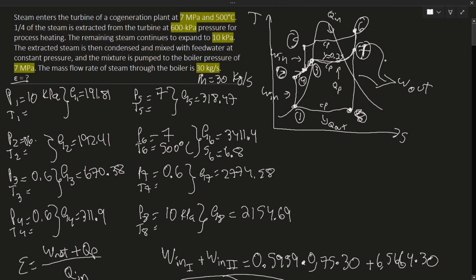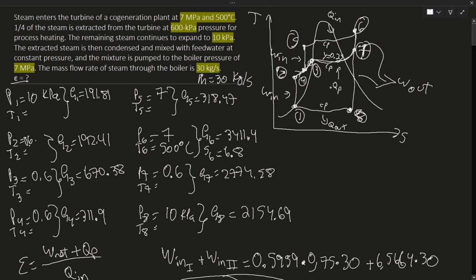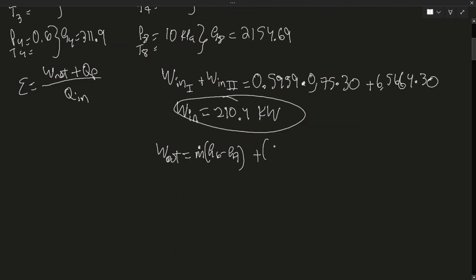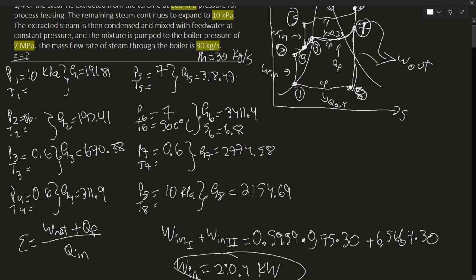All right, next. The work being done by the system is over here, 0.6, 7, and 8. So work out is equal to the total mass flow rate at H6 negative H7 plus whatever's down over here. Now keep in mind that you can't just multiply this by m dot because it's not 100% of the water. 25% leaves over here, so the other 75% is over here.